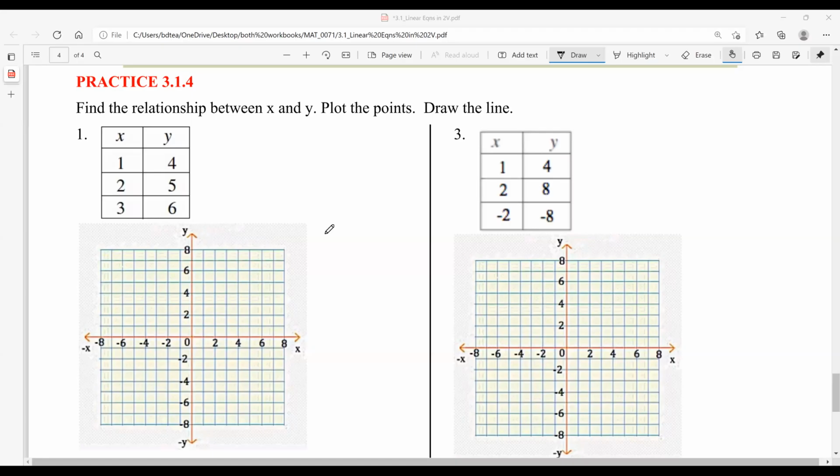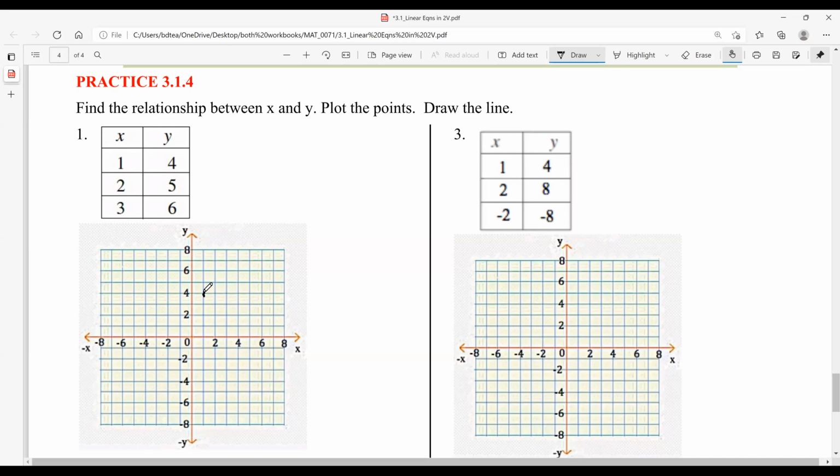So in each one of these, I'm going to plot the points, draw the line, and then determine the relationship. Plotting the points to see what the line is going to look like. These are all straight lines because they're linear equations. We plot the point (1, 4): 1, then 1, 2, 3, 4.